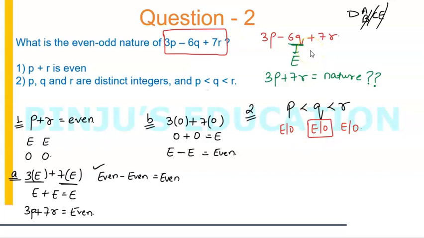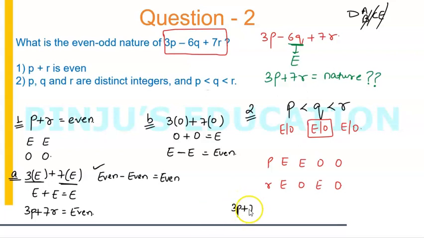But with P and R, we have four different possibilities: both even, P even and R odd, P odd and R even, and both odd. All four are there.